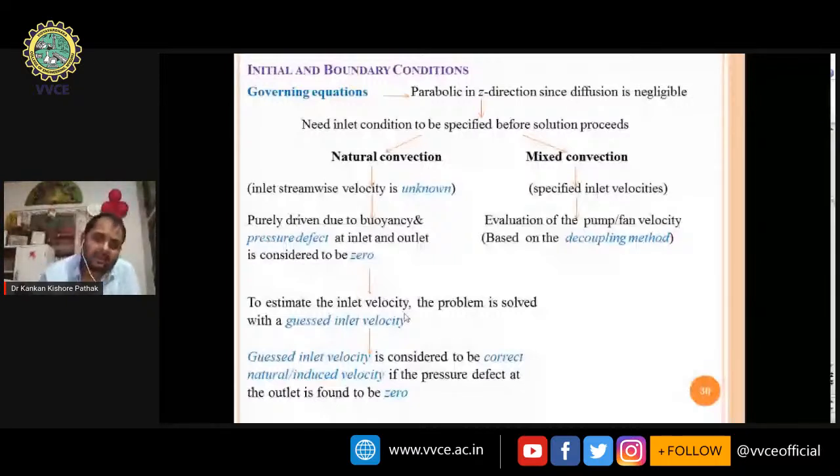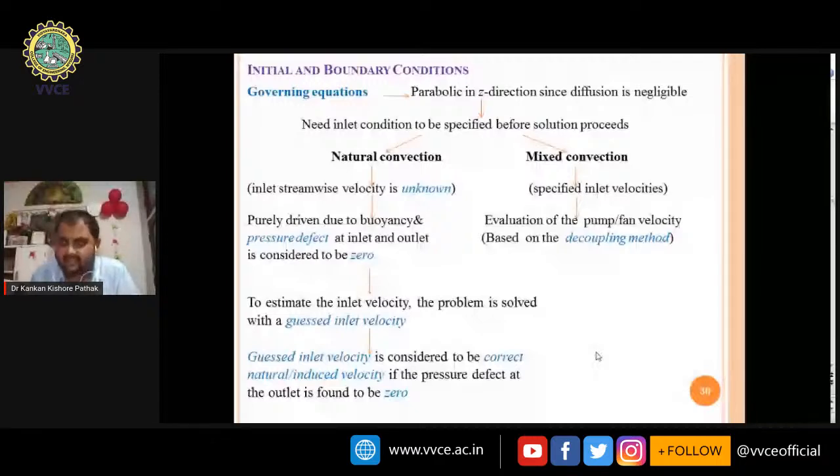Similarly, in the case of mixed convection, we first have to specify the inlet velocity directly. After that, we have to split the mixed convection velocity by evaluating the pump and fan velocity based on the decoupling method, which I will discuss next.